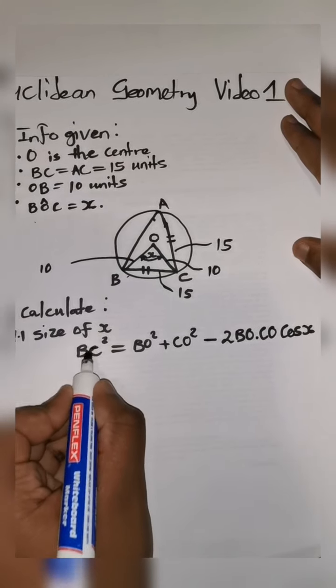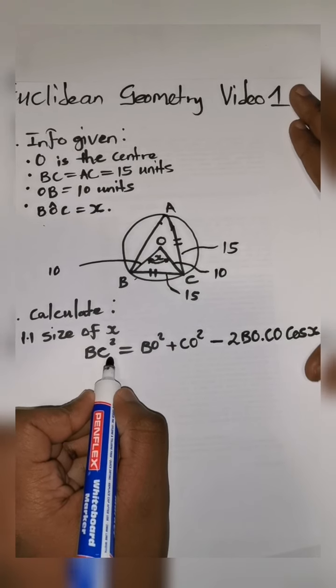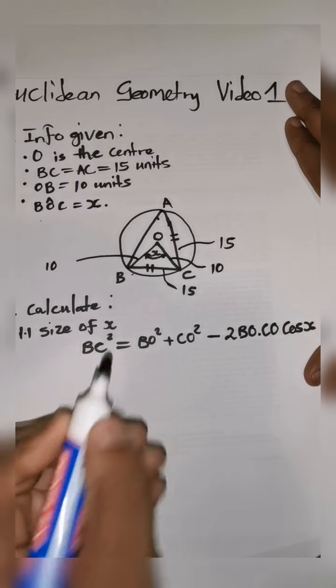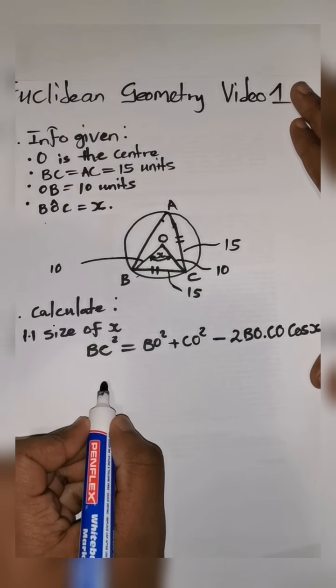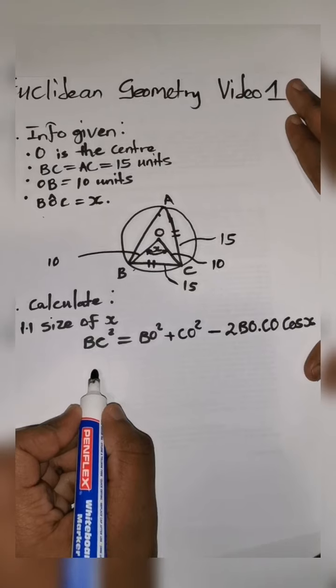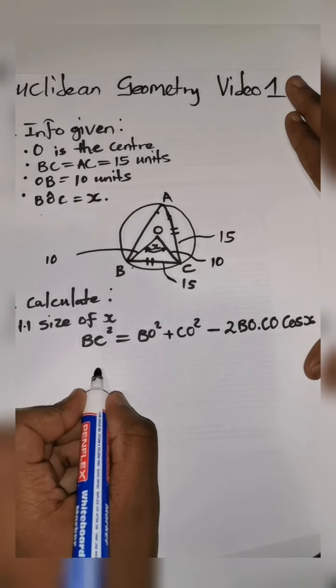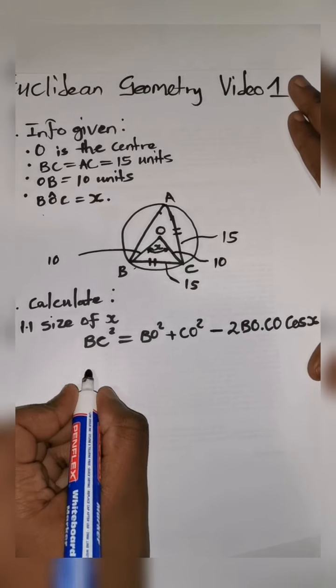I'm not really going to explain much about the cosine rule, but I'll make another video to assist those who don't understand it. For those that understand the rule, this is how we're going to apply it in this question.